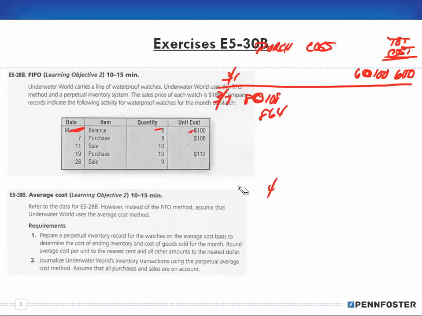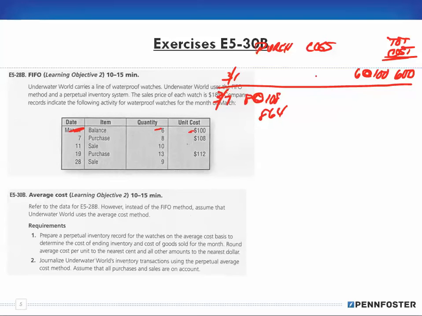Now this is where this begins to deviate from FIFO and LIFO. From FIFO and LIFO, if you watch the other videos, we basically just listed 6 at 100 and 8 at 108 and would have kept their normal cost. But this is average costing. Whenever we make a purchase, we have to recalculate our inventory at an average cost.